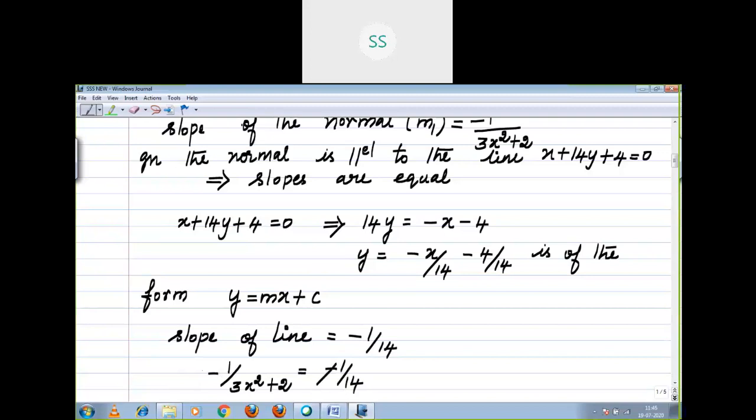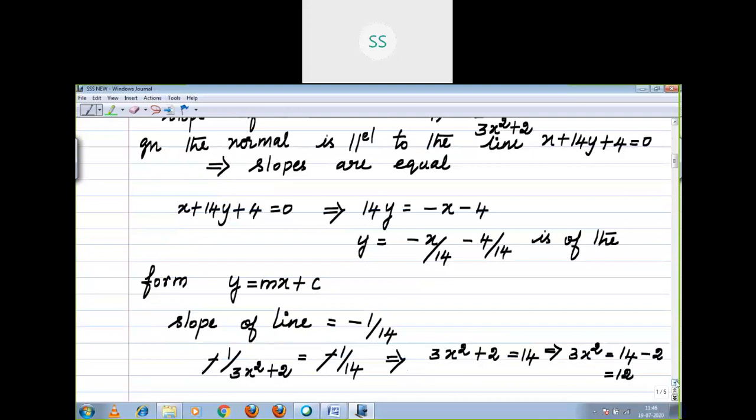Then minus cancels, which implies 3x square plus 2 equal to 14. Cross multiply, which implies 3x square equal to 14 minus 2, which is equal to 12. Plus 2, when you shift to the opposite side, it will give you negative.